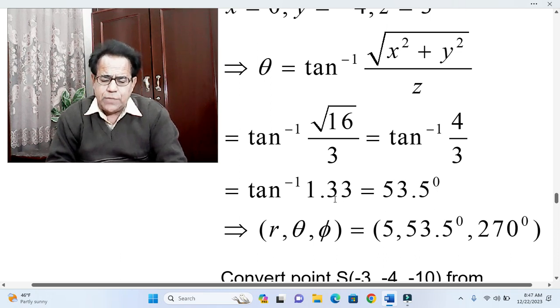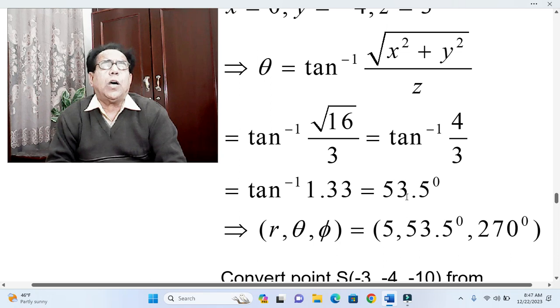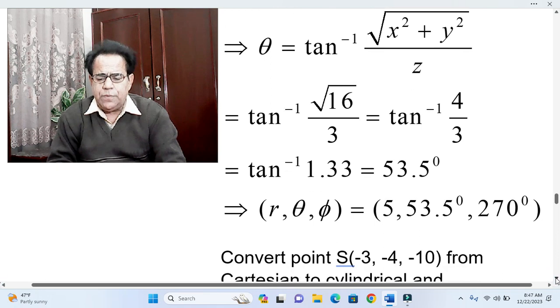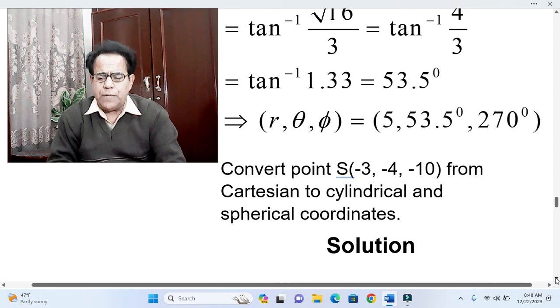Actually this value, that is 1.33, is of such nature that it falls in between 53 and 54. That is why we have taken this value as 53.5. If we take this value from an internet online converter, then its exact value can be found, but I have used manual calculation as per table. So r, theta, phi becomes equal to 5, 53.5 degree and 270 degree.